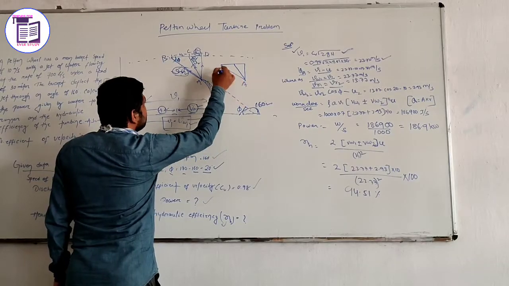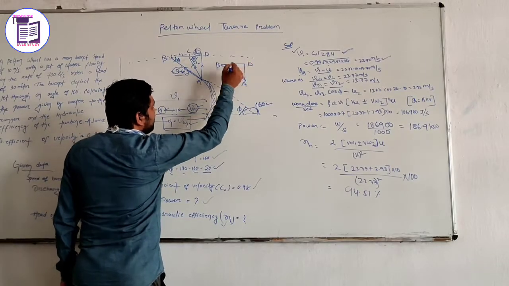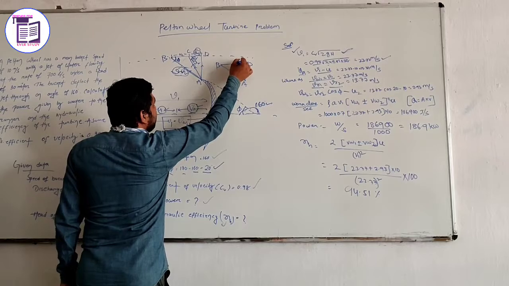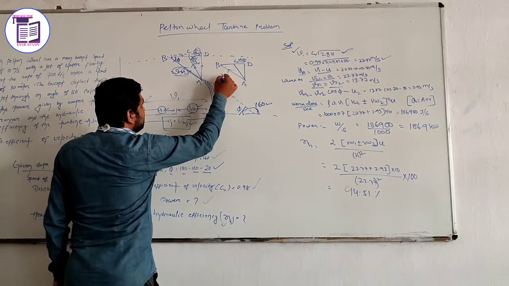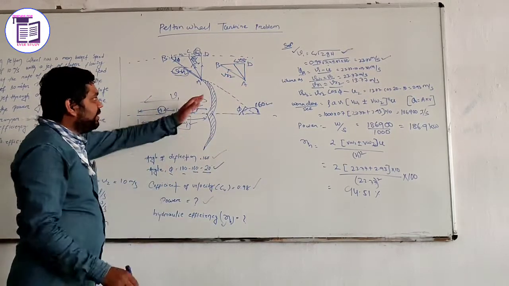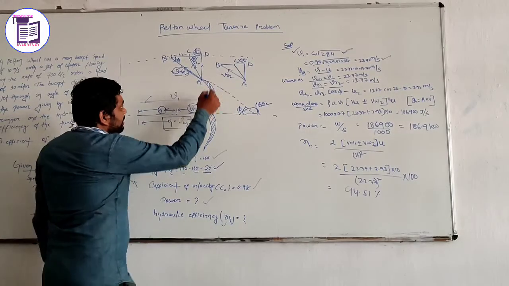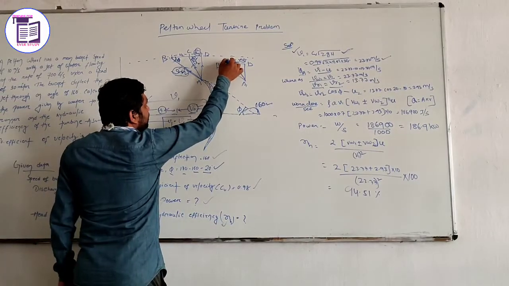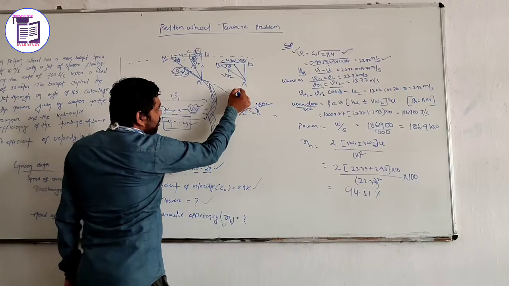That is your A, B, D, and this is your VW2 and this is your VR2. The relation between VR2 and VW2, this is your U2. If you find the phi, you find cos phi here.